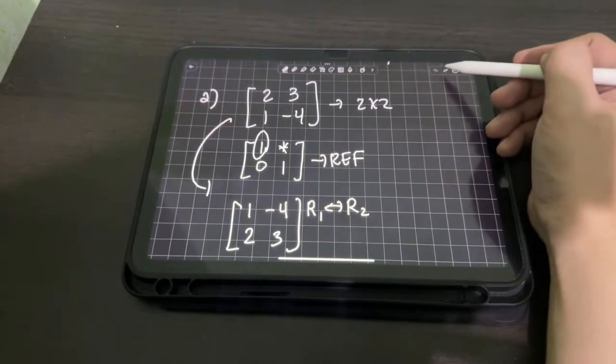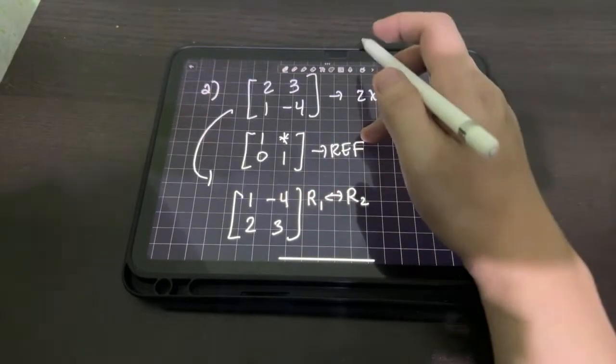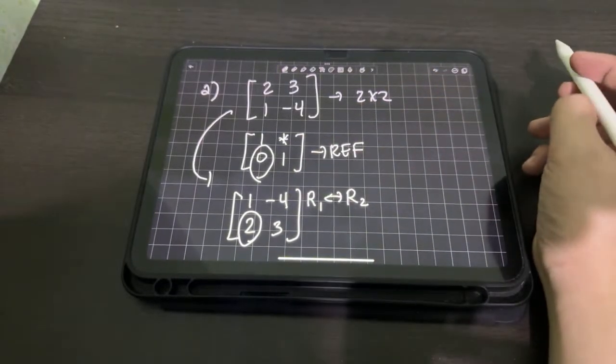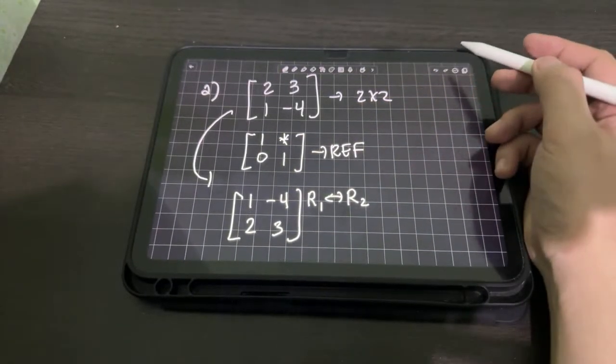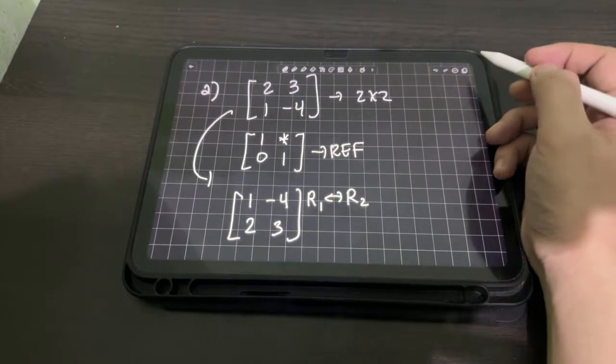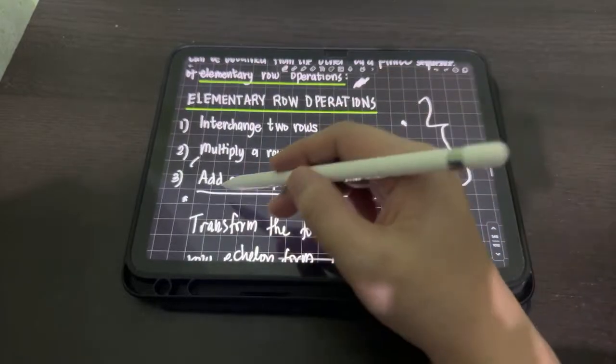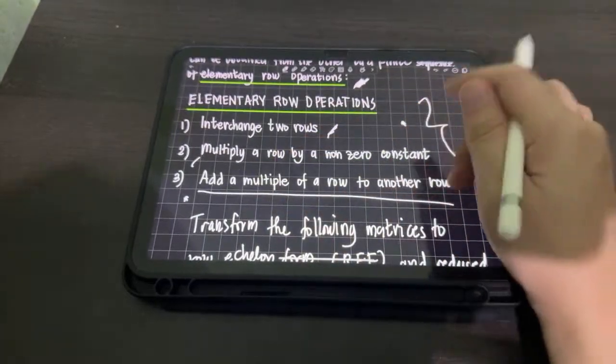Next. Okay. The next goal is to make this entry equal to 0. So how? Obviously, we can apply the third operation again: add a multiple of a row to another row.